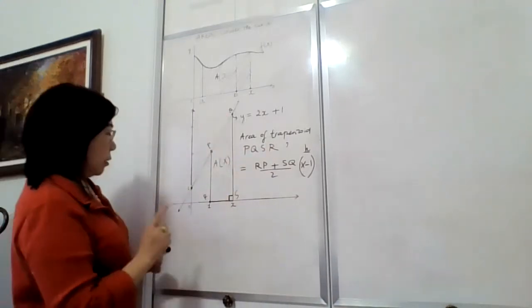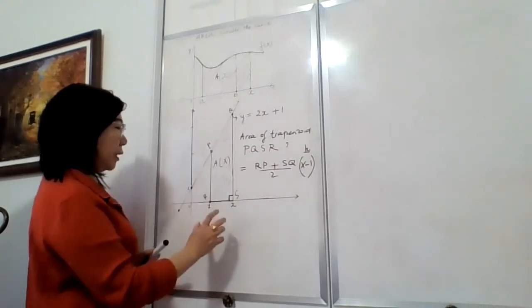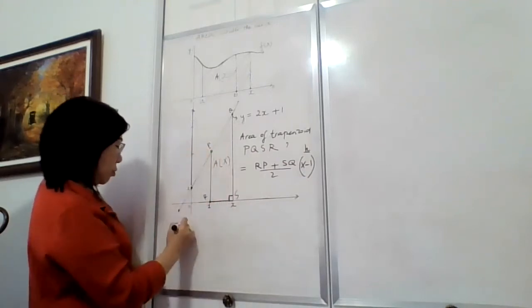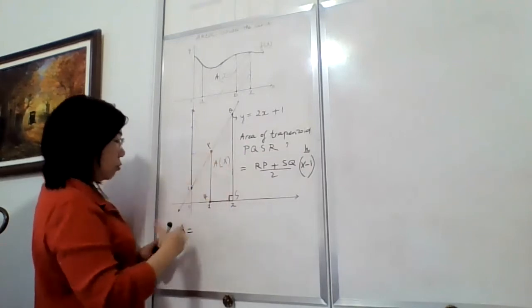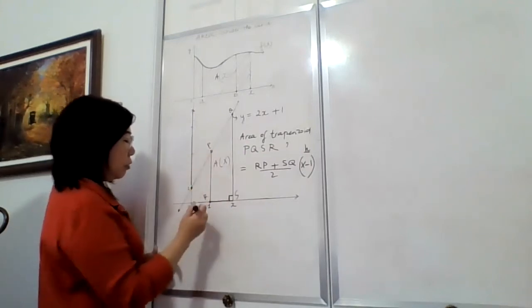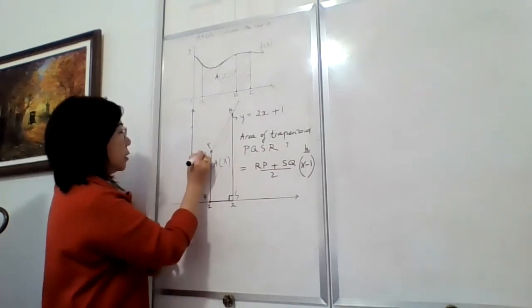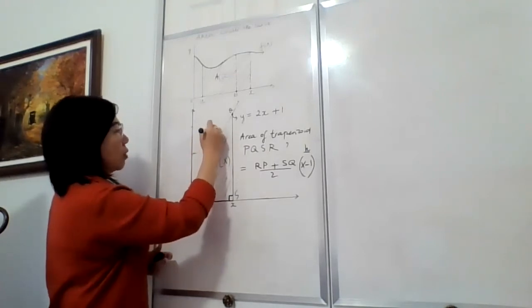Now, let's examine how we find the length RP here. So area equals RP, but how do we find RP? Now, if this x is 1, any point has coordinates x and y, right?